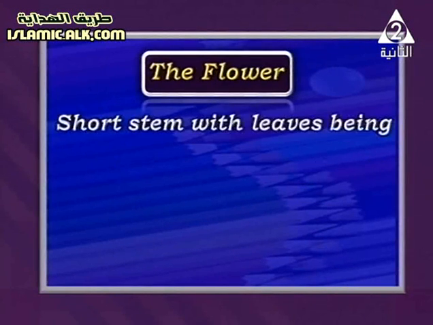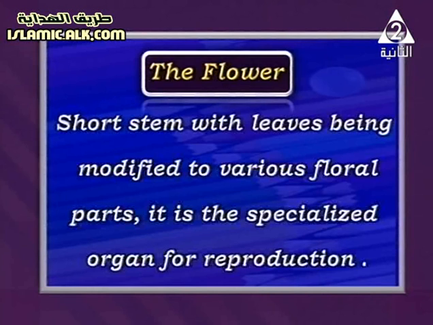Well, the flower is a short stem. Let me remind you about the flower. Sometimes people get confused between the meaning of flower and any other organ inside the plant. For example, if you have a cactus plant covered with spines, have you asked yourself before where the leaves of the cactus plant are?